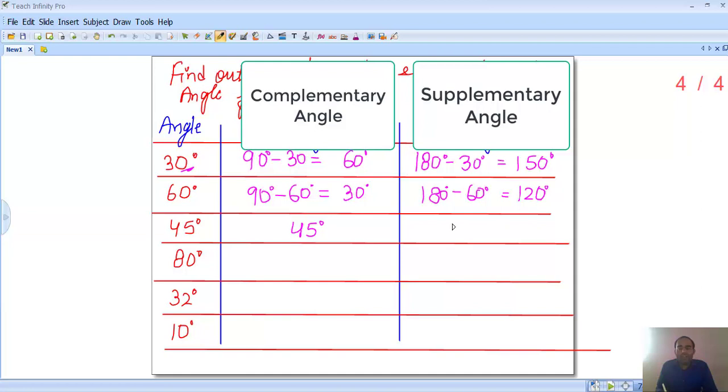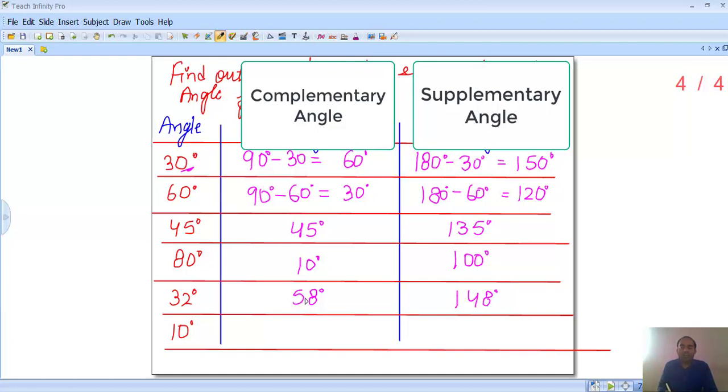Okay, 180 minus 45, that is 135 degrees. 90 minus 80, 10 degrees. 180 minus 80, that will be 100 degrees. 90 minus 32, what will be the answer? 58 degrees. And 180 minus 32, that will be 148 degrees.